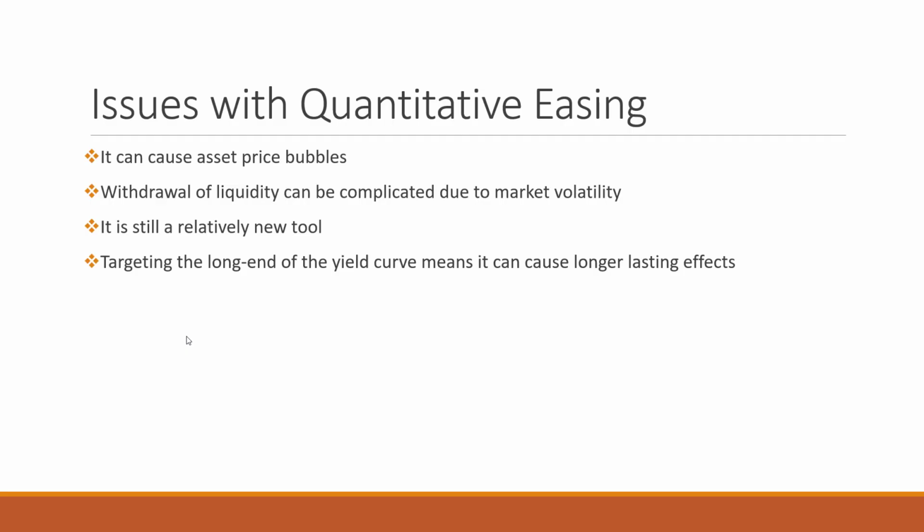Remember, there's going to be a lot of retail traders or retail investors in the markets, so they could lose a lot of money if there was too much downside in the market. So it's a very complicated process to remove that money.